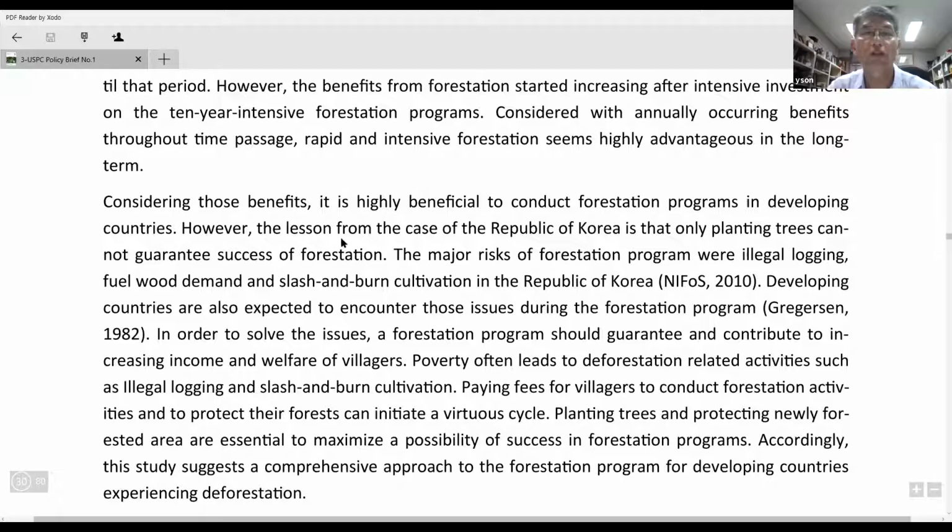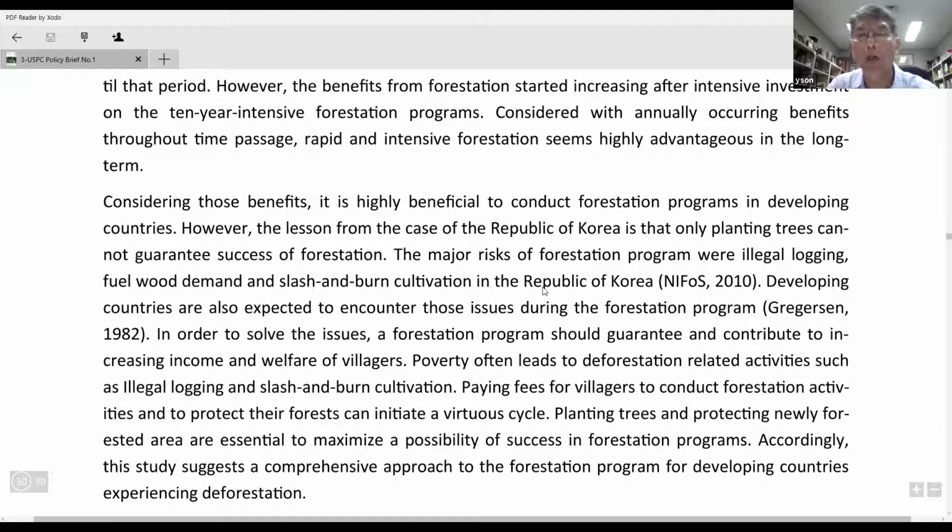However, the lesson from the case of the Republic of Korea is that planting trees alone cannot guarantee the success of reforestation. Again, after reforestation, you still need to take care of the forest. The major risks of the forestation program were illegal logging, fuel wood demand, and slash and burn cultivation.